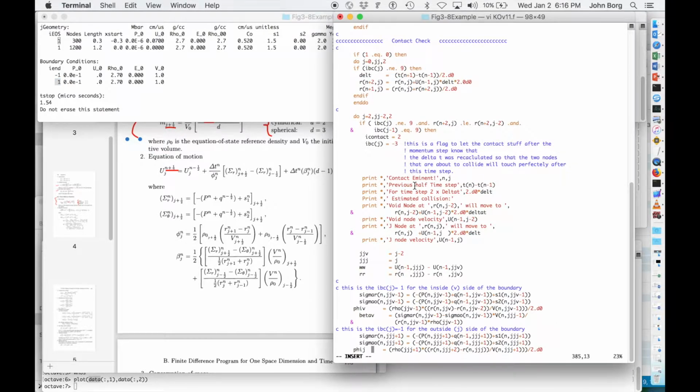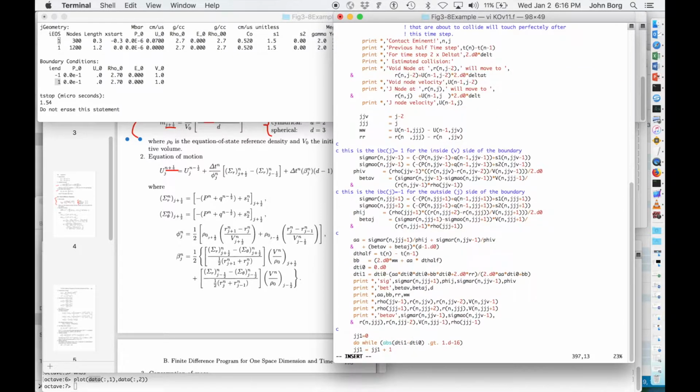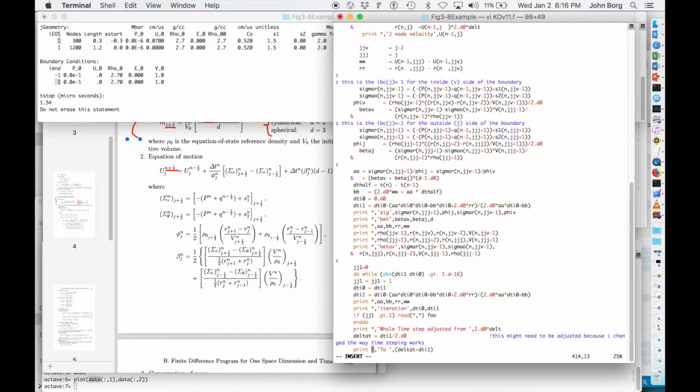Or it could be some other boundary condition like an infinitely rigid wall, or I have the ideal gas equation set up, so it could just be an inflow boundary condition. So it's similar in that every node is actually assigned a boundary condition, and you'll see that within the code, so that it knows, oh, this is an internal boundary condition, this is an internal free surface, I should say.